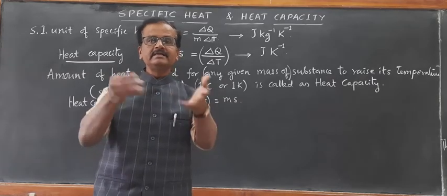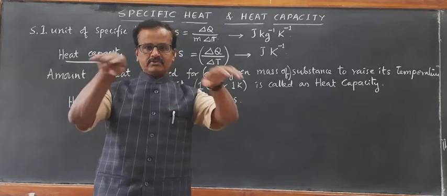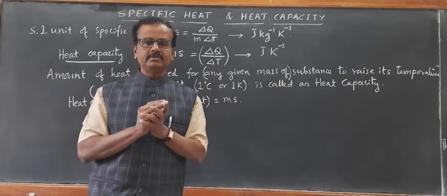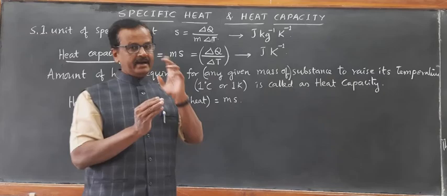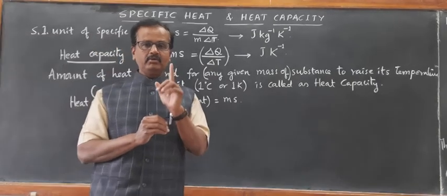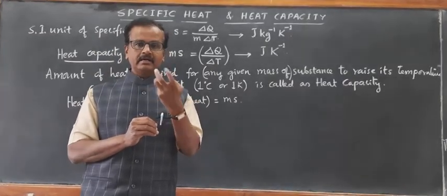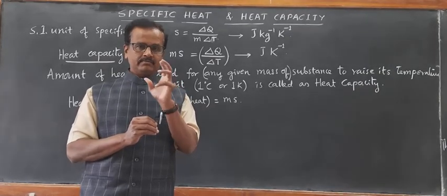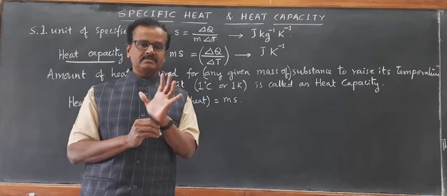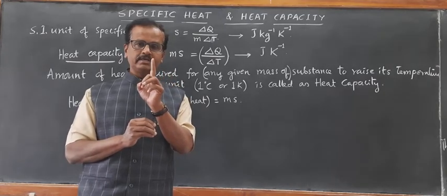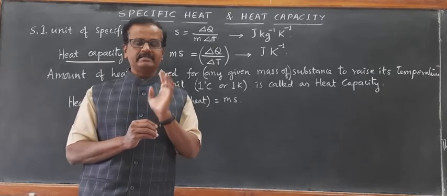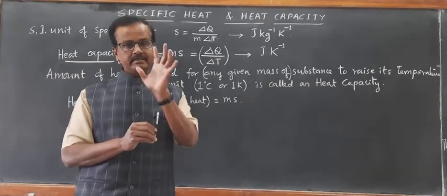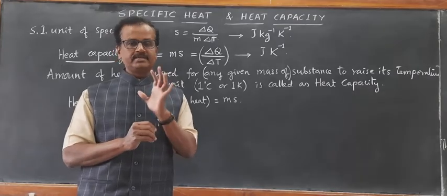It is releasing heat to the surrounding. So in that case, you can define the amount of heat released by a unit mass of the substance by falling temperature by 1 degree Celsius. That is also called specific heat.